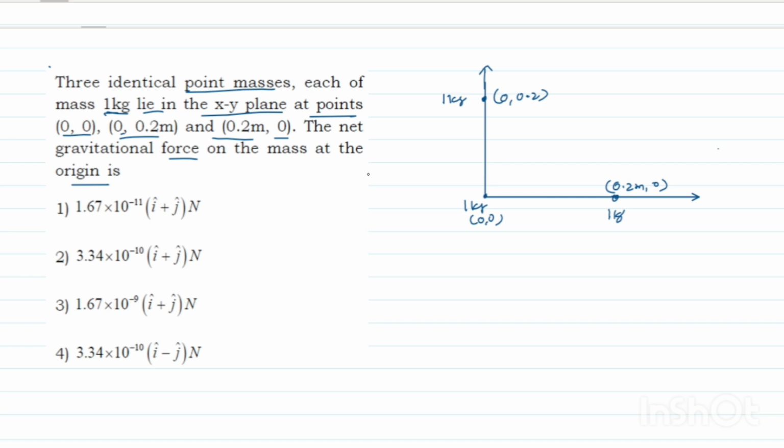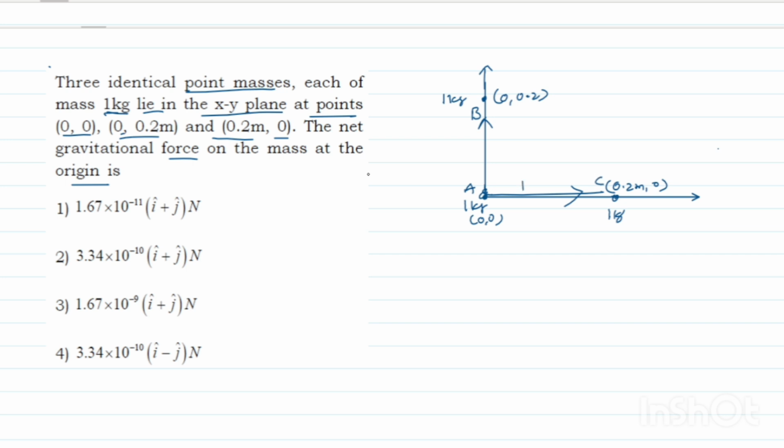Now, students, this mass will be attracted by this one along this direction, and this mass will be attracted by the other mass along this direction. Let us name them: this is the A particle, this is the B particle and this is the C particle.